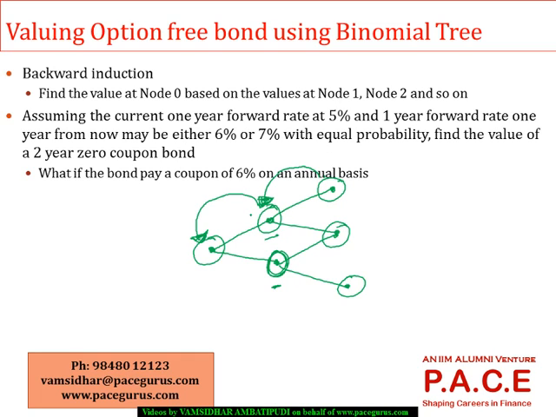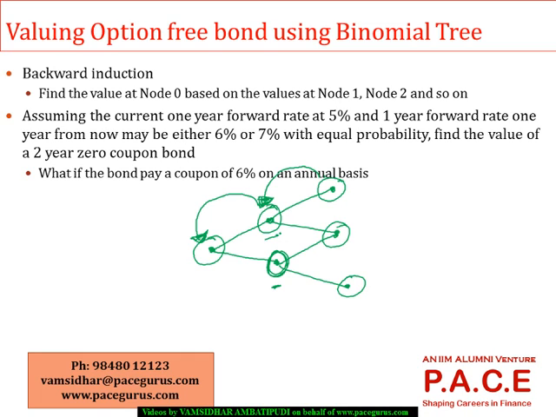Because we come from almost the maturity year back to the current period, we call this mechanism to find the value of the bond the backward induction mechanism. So we'll see how we can use this to compute the value of the bond.